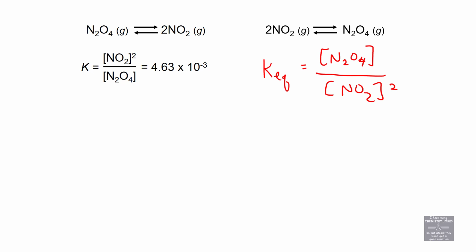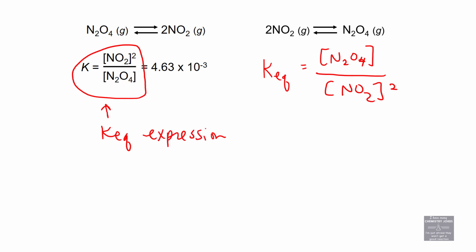That's my KEQ expression, and I will try to be very consistent in my wording. That's a KEQ expression. So that's all well and good. I wrote the expression, but what's the KEQ value? How do I find out what number that's equal to?